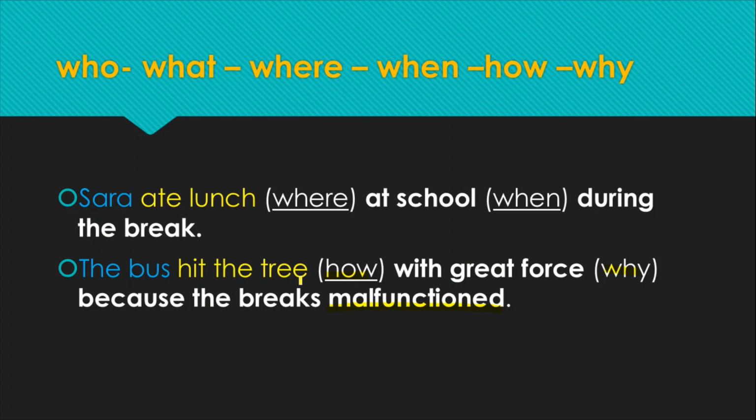Because the brakes malfunctioned. Again, here in the sentence, we are respecting the order of how and why. We are not saying the bus hit the tree because the brakes malfunctioned with great force. Right, here it doesn't make sense at all. So we first start with great force, where we say the bus hit the tree with great force, and then we add the why, because the brakes malfunctioned.